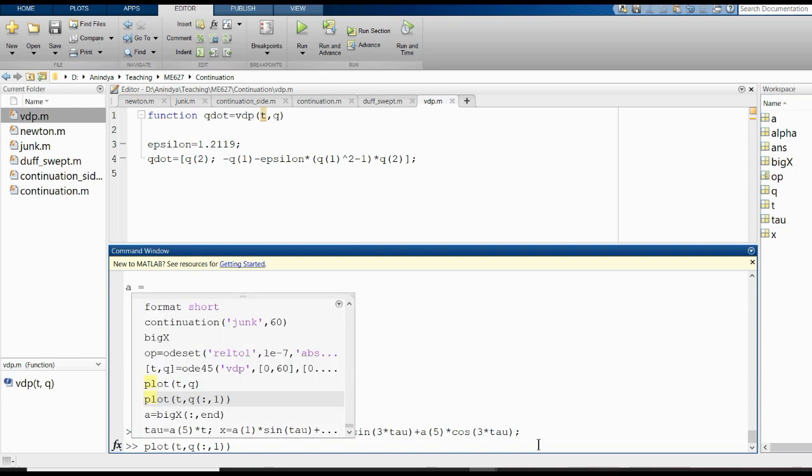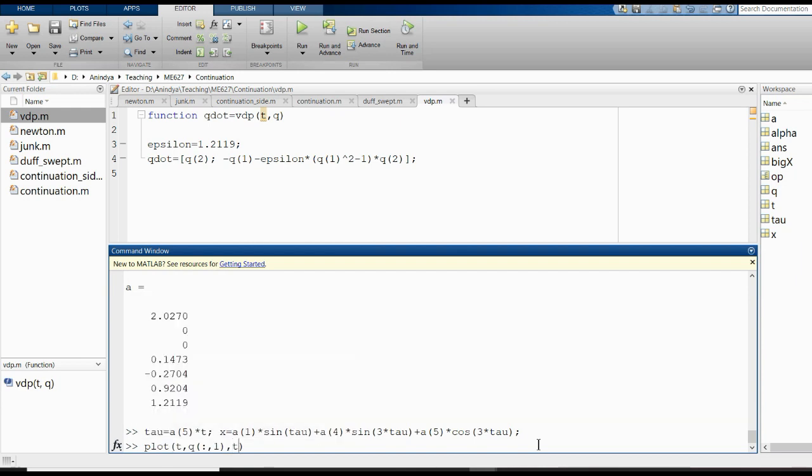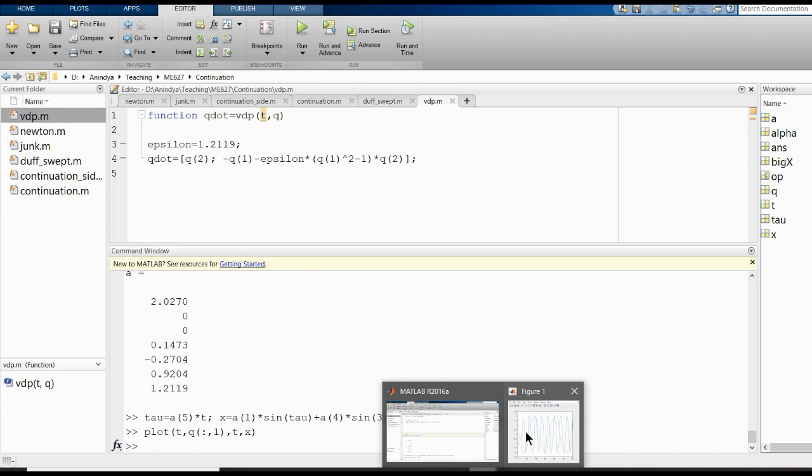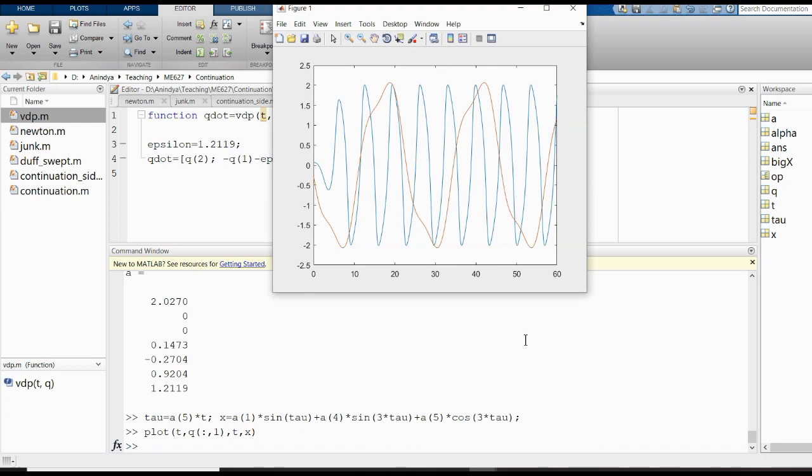Now we will look at the solution, and what we will look at is this here. This is still a function of t, but x is explicitly written in terms of tau. Okay, so t and x. When I plot this, now that's clearly wrong. Why is that wrong?